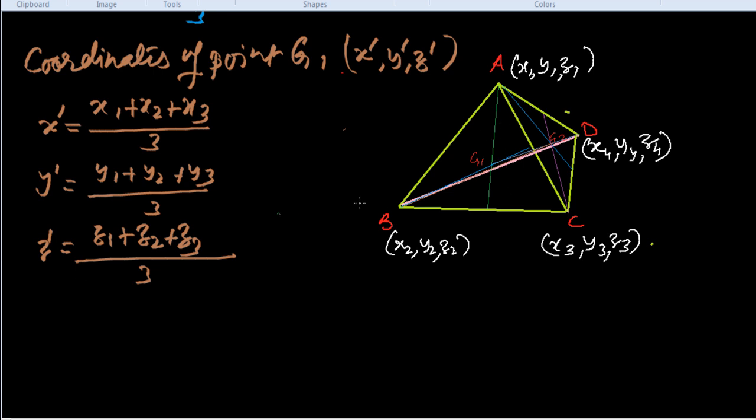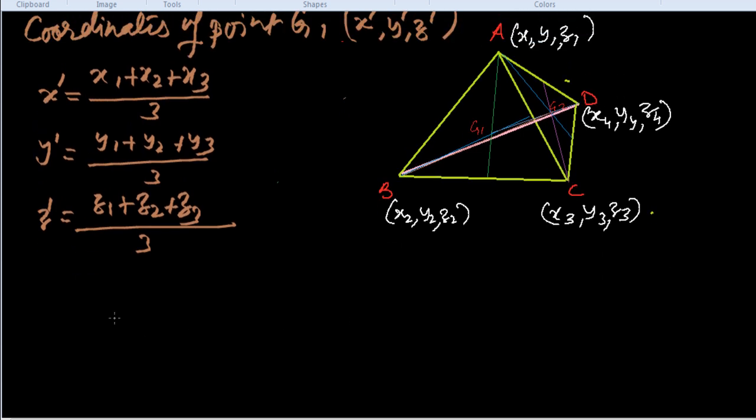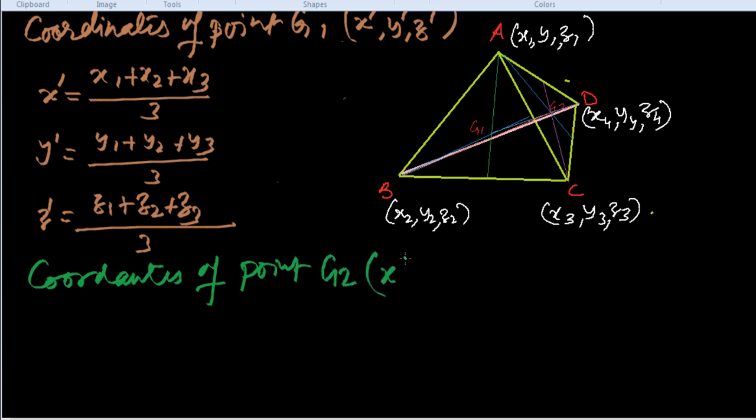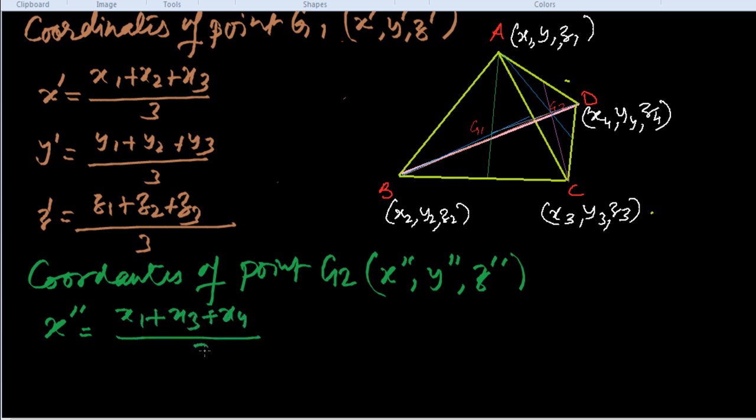Now similarly we have to find the coordinates of the point G2, which are X'', Y'' and Z''. So X'' is, here you see X1, X3, X4, so (X1 + X3 + X4) over 3.